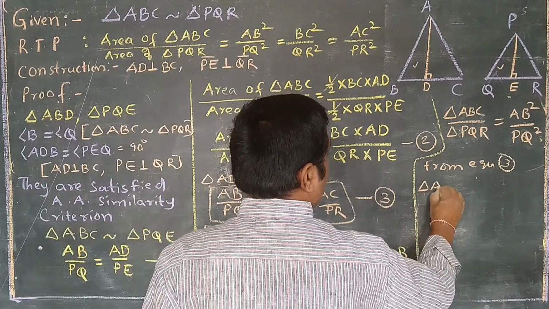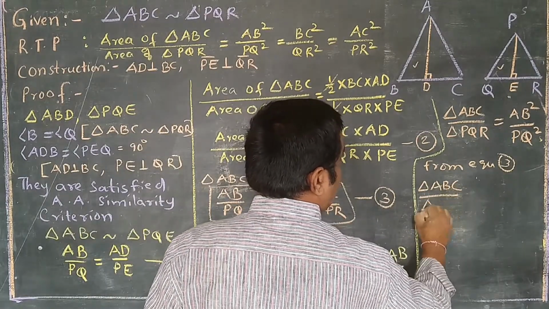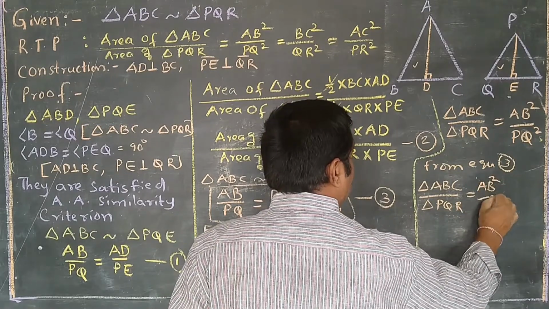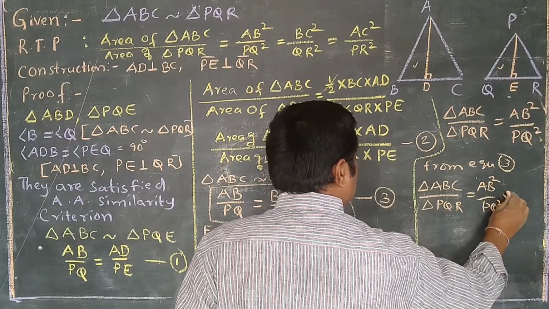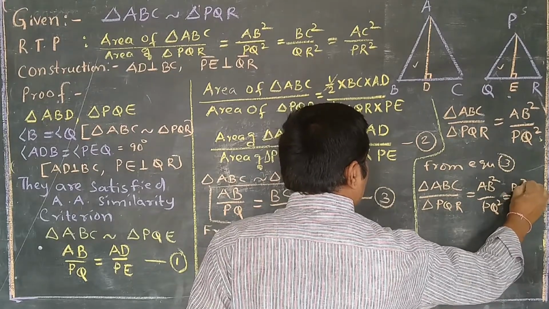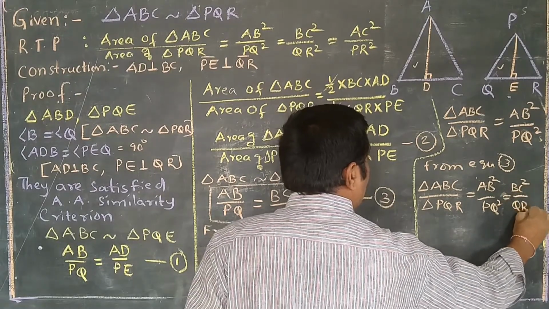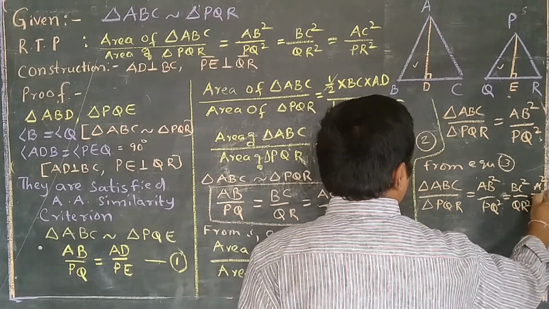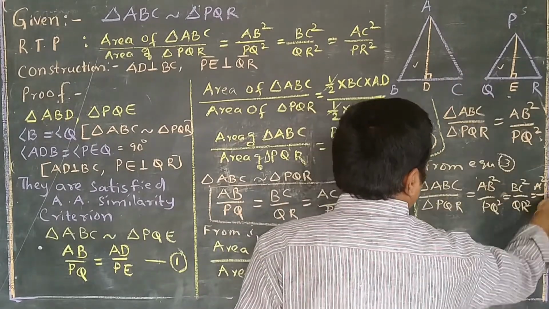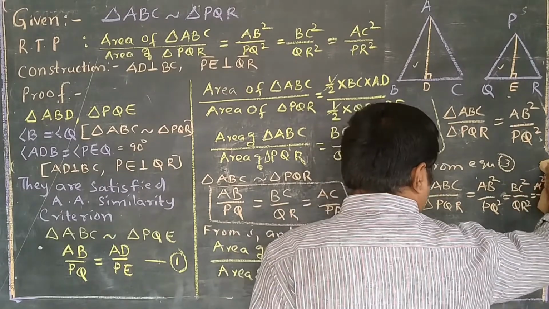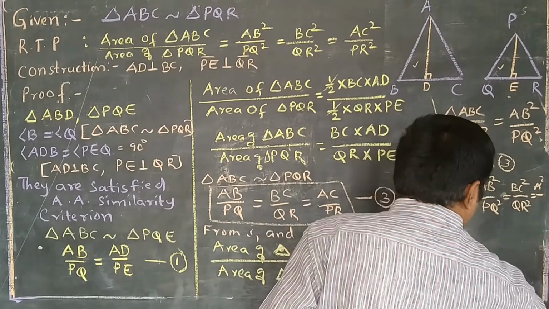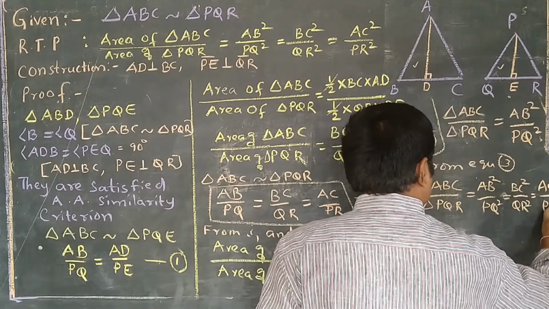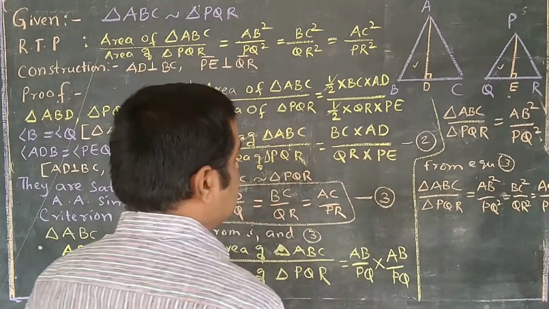Therefore, area of triangle ABC by area of triangle PQR is equal to AB square by PQ square is equal to BC square by QR square is equal to AC square by PR square. Can you clearly understand, children?